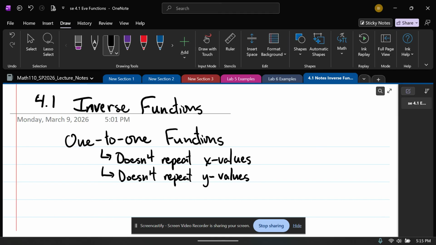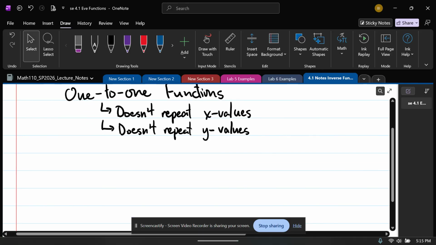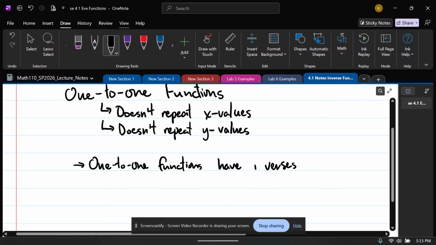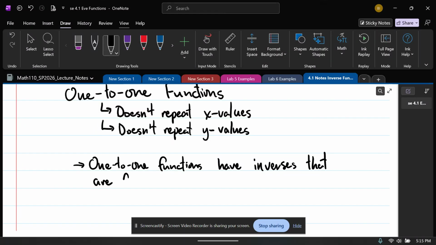Okay. Now a one to one function, it has an inverse that is a function. So one to one functions have inverses that are functions.